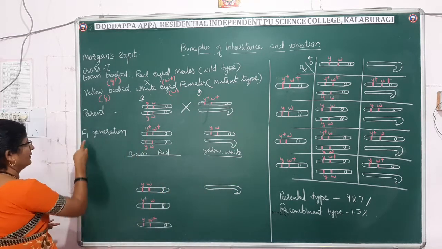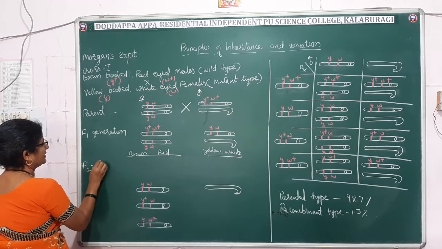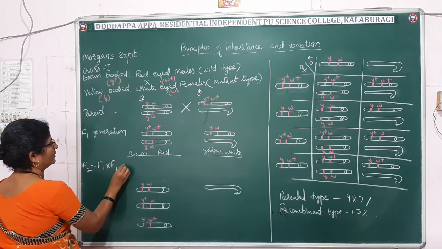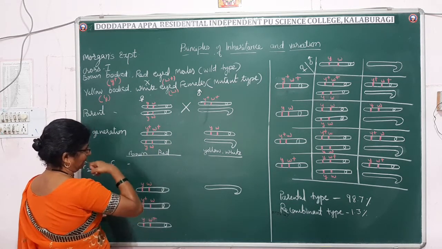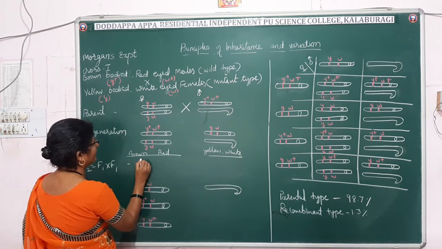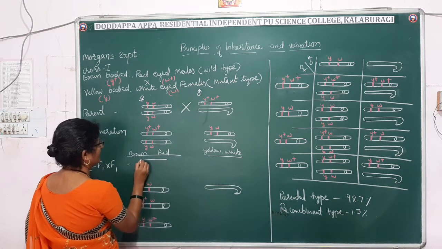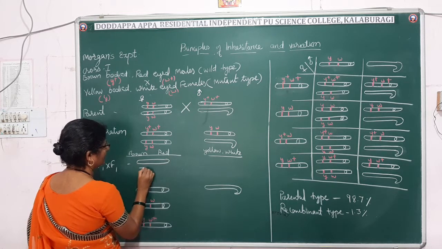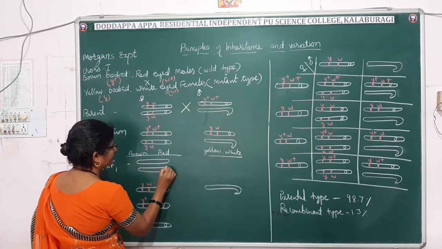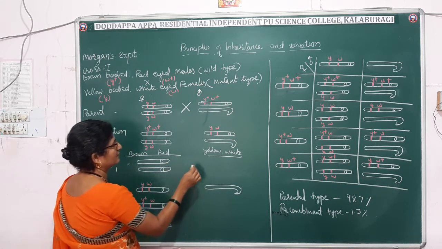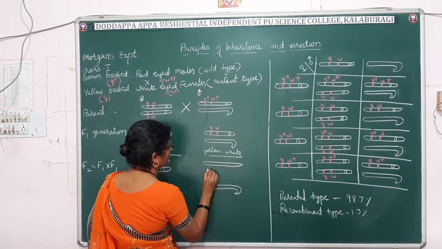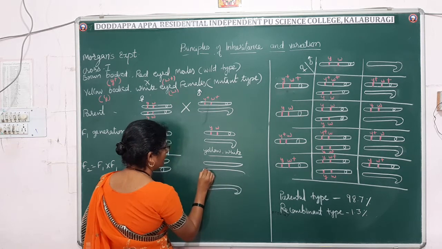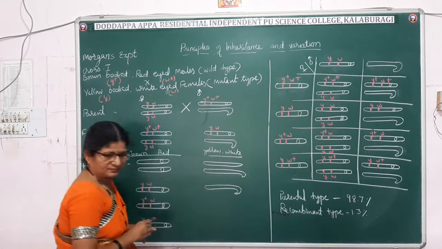Now let me write the F2 generation. How do you get it? F1 into F1, so these two we have to cross. Directly also we can write. Let me write here. As usual, we have to draw the X chromosome and the centromere, and here the Y chromosome.